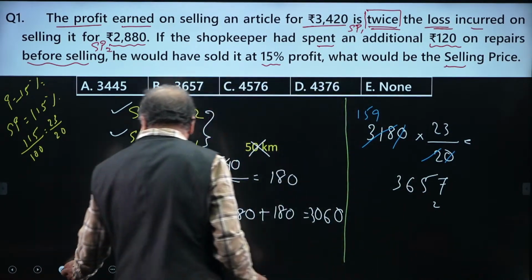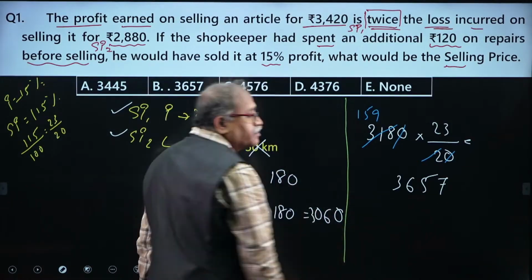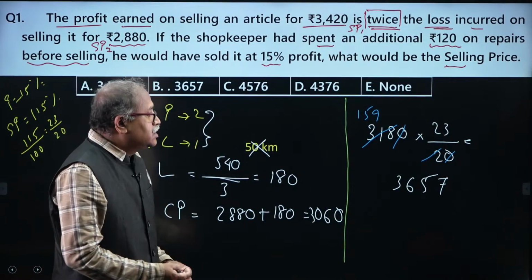This is the shorter way to calculate the figure. So, finally, my answer is 3657.